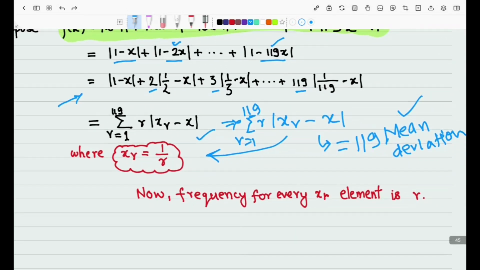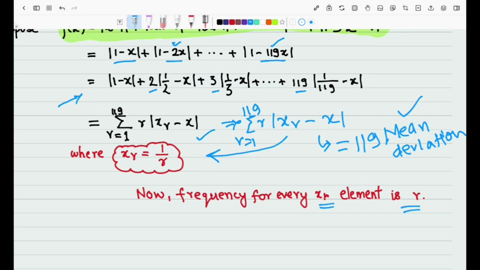So what I have written is that the frequency of every x_r element is r, right? Why? Because we are multiplying by a coefficient of r. Let us say that x1, x2, x2, x3, x3, x3 is our data set, right?